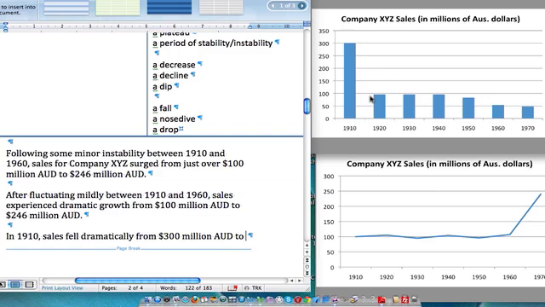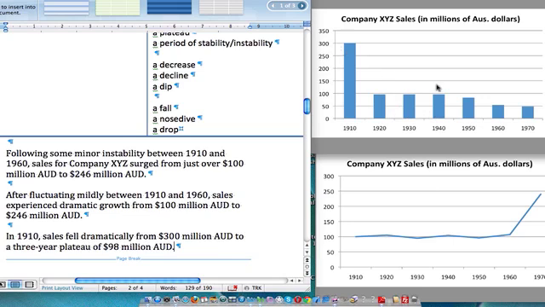So we could say, in 1910, sales fell dramatically from 300 million Australian dollars to a 3-year plateau of 98 million AUD, Australian dollars. Okay, so now we've described from 1910 to 1940.